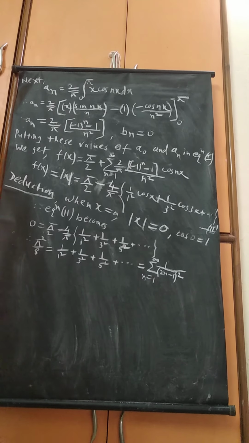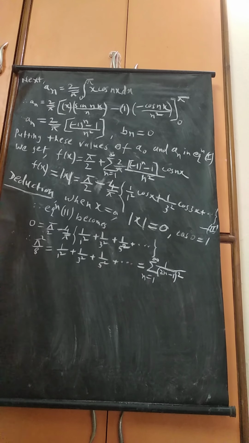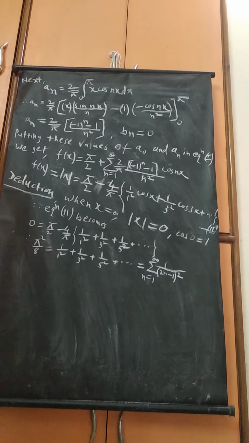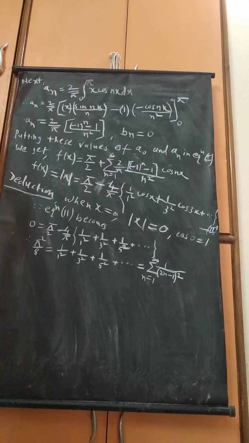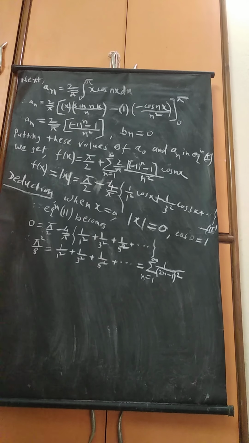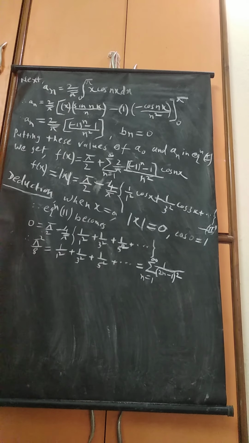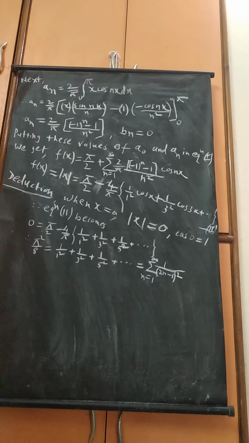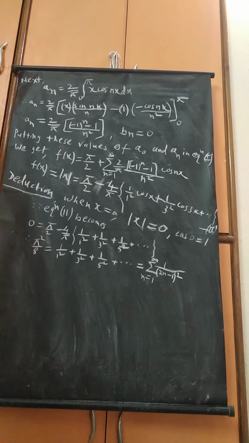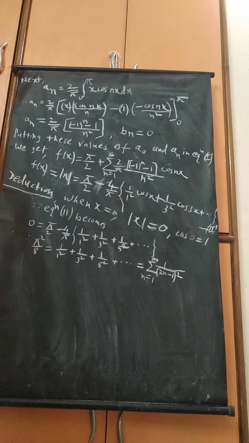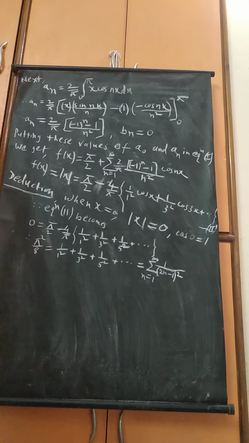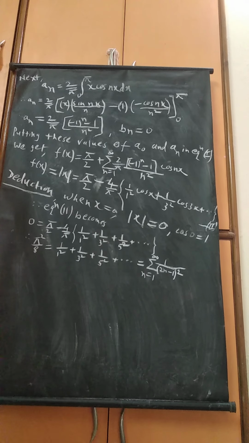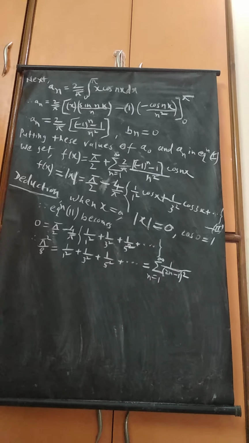After simplification, this finally gives pi^2/8 = 1/1^2 + 1/3^2 + 1/5^2 + and so on, which in turn finally reduces to summation 1/(2n-1)^2, n takes values from 1 to infinity, the required deduction.